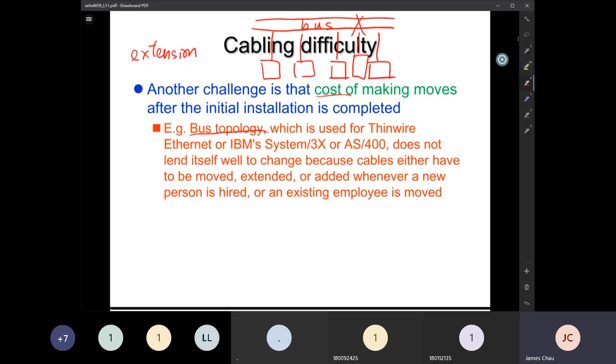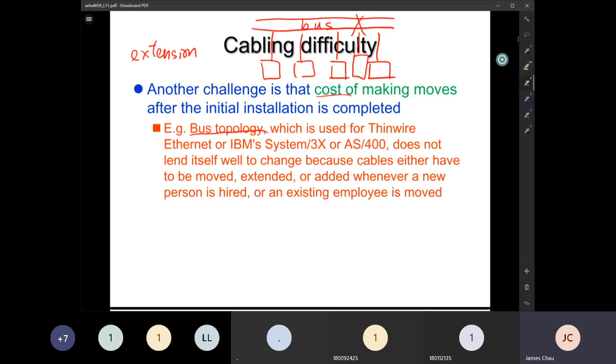Therefore, extending the systems may cost a company a lot, because during the installation, the whole business may be suspended.